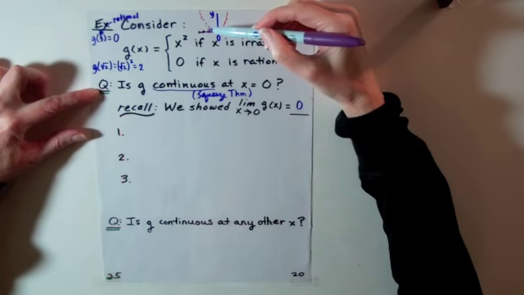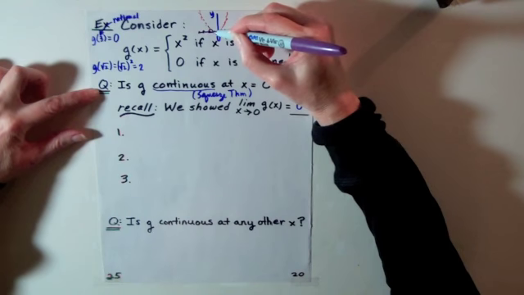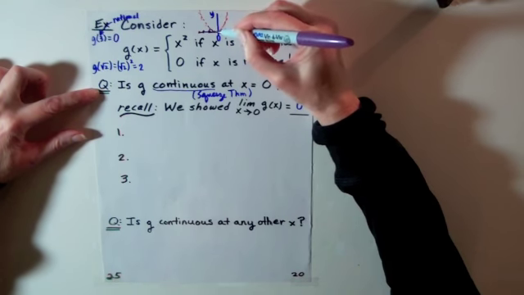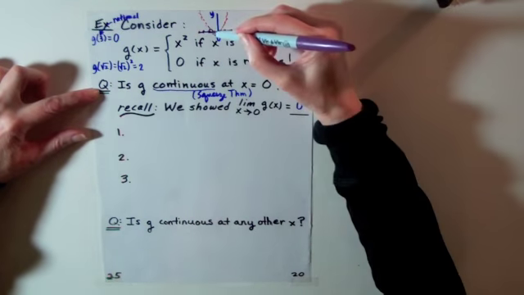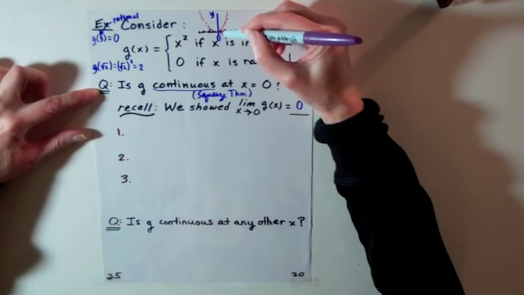And if I tried to draw this graph, I'd be hopping up and down between the x-axis whenever I hit a rational input and this dotted parabola when I hit an irrational input.